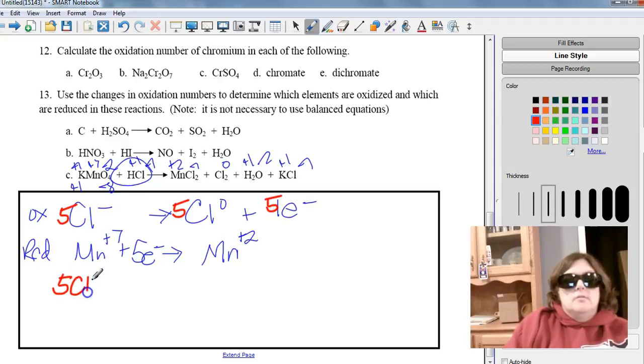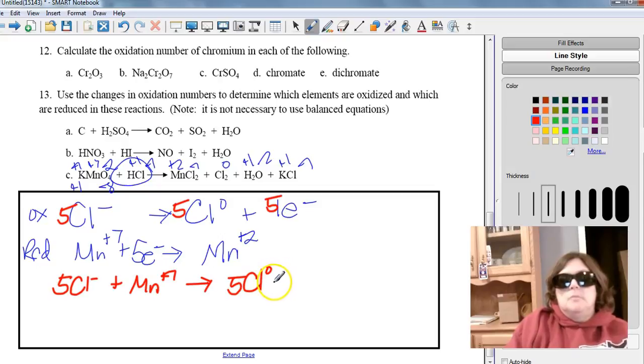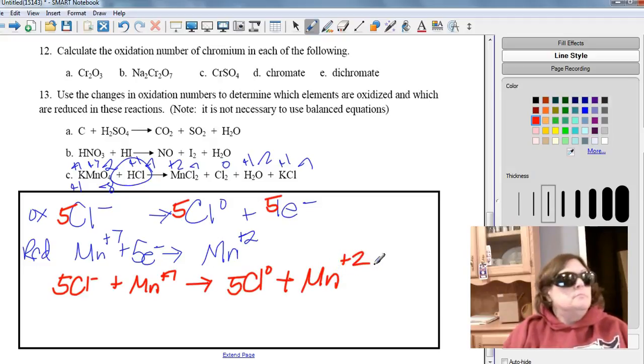Putting that together, 5 chlorines plus 1 manganese, 5 chlorine as part of an element. There you go. Okay?